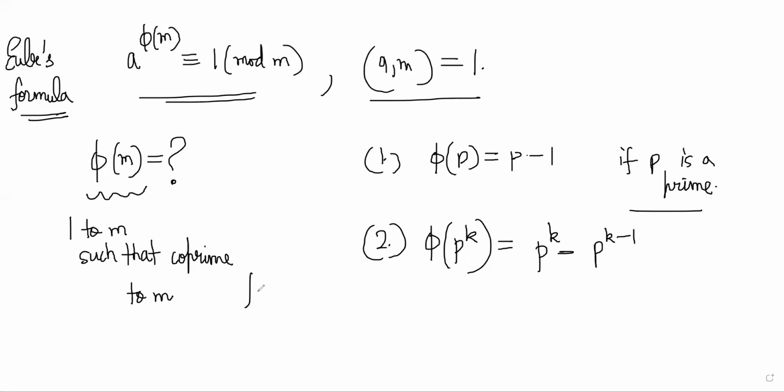The factors of p power k are p, p square and so on, till p power k. So a is not relatively prime to p power k when it is divisible by p.